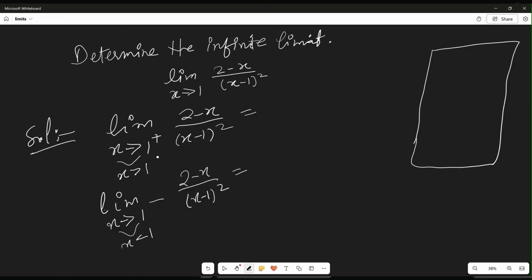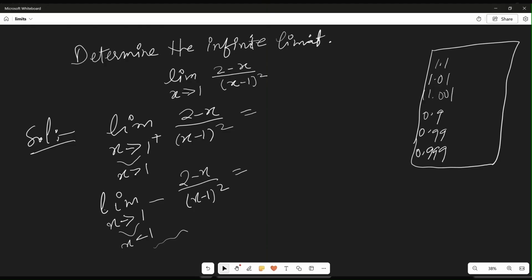Let's look at this first. As x is bigger than 1, for example 1.1, getting closer to 1, or as x is less than 1 but getting closer to 1, for example 0.9, 0.99, getting really close to 1.